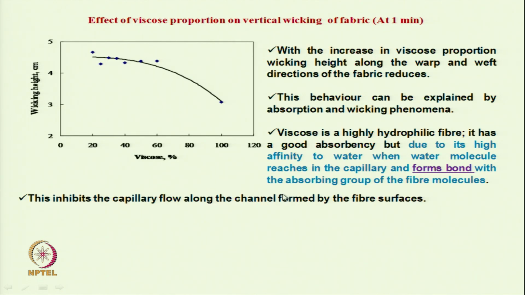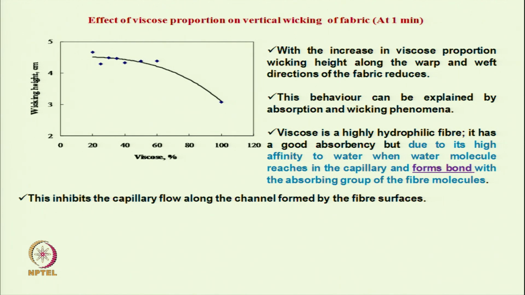Now, if we take the fabrics which we have seen in the case of moisture vapor transmission, the same set of fabrics, polyester viscose, where the viscose proportion is increased from 20% to 100%, here we have observed that with the increase in viscose content, the wicking height, the wickability, reduces.